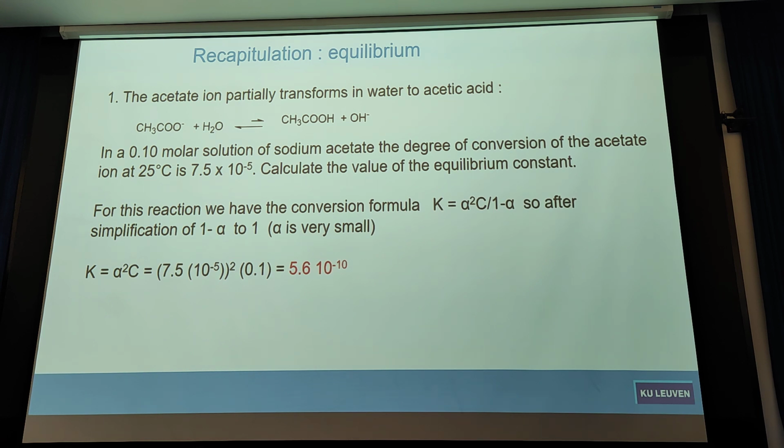And we know alpha, so we fill it in. That means we can now simply calculate K, and that's 5.6 10 to the minus 10. Indeed, a very, very small equilibrium constant. And this is normal when we assume that there will be very, very little conversion.